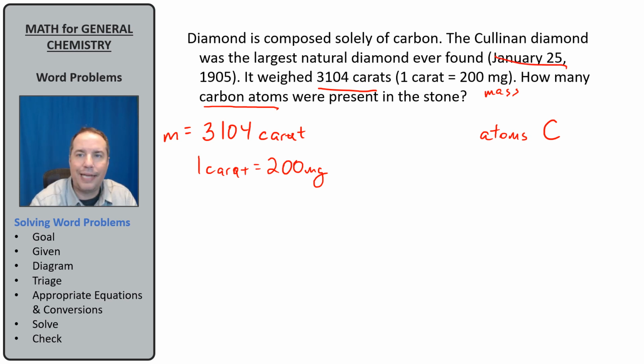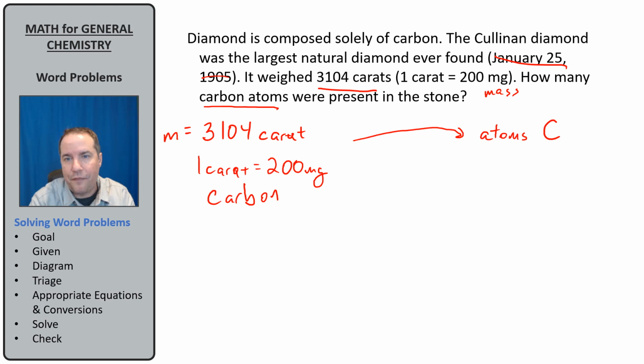Dates are never going to be important in this class. And we're given one other piece of information, that it's all carbon. Okay? That's going to become important. So this is what we have. This is what we want to get. There's no real diagram here. We're just figuring this out. But we have what we started with and what we want to get to.